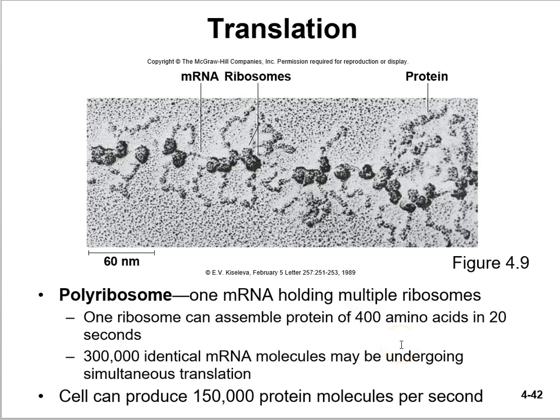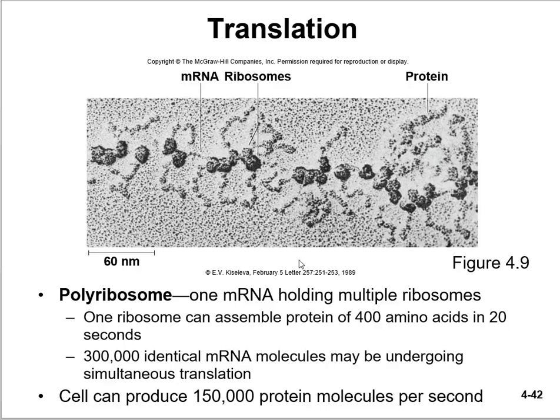This is what it looks like under an electron microscope. We have our mRNA chain, and actually a bunch of ribosome units have grabbed on to that mRNA chain and are reading it. That way we're able to string together more than one amino acid chain at once from this one mRNA strand. This is called the polyribosome.